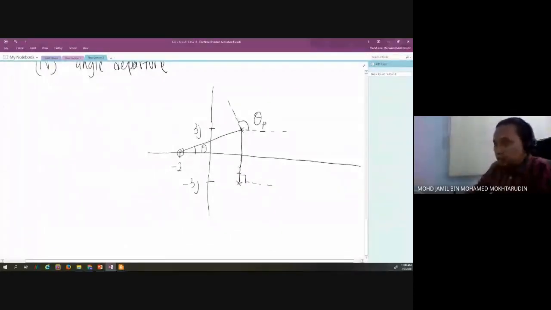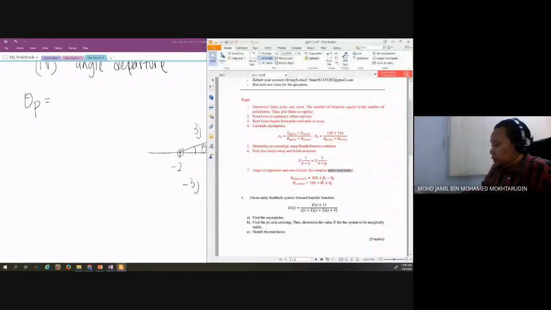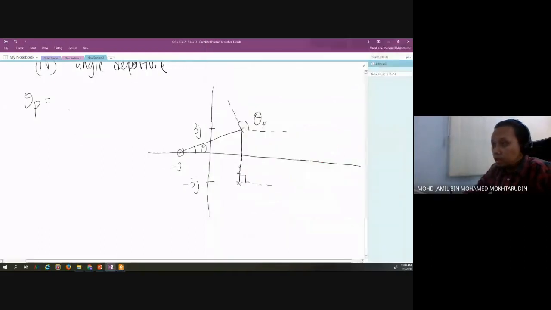Okay, so theta p equals, the formula is 180 plus theta z minus theta p. So 180 plus, so this is theta z, theta from the zero.